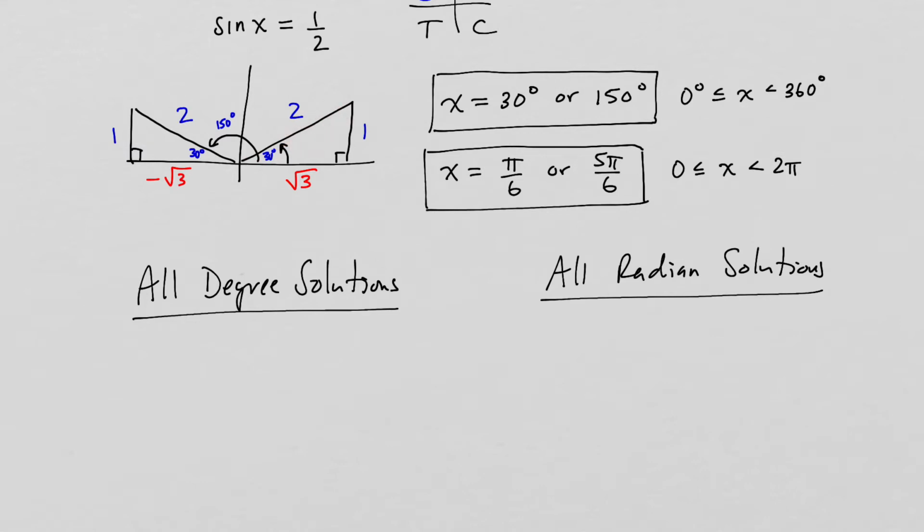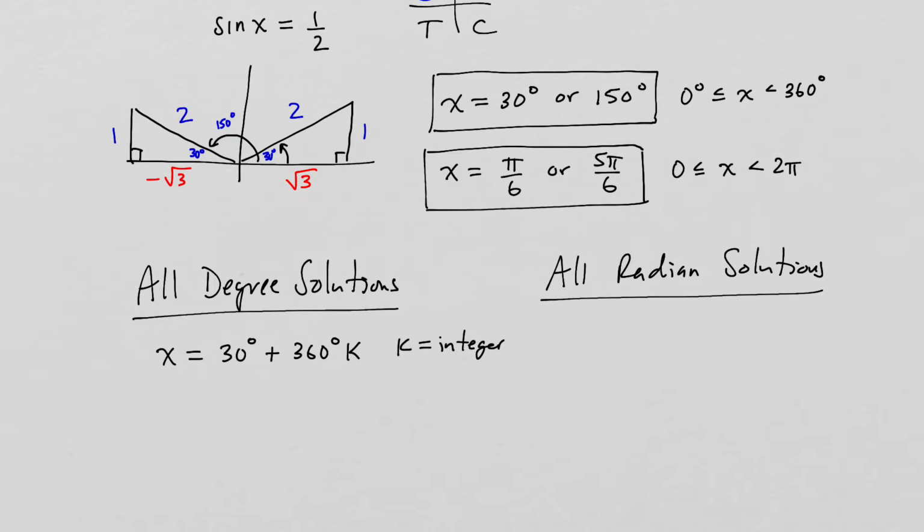So if we were to give all degree solutions for this equation, we would say x is equal to 30 degrees plus 360 degrees multiplied by k, where k is equal to some integer.